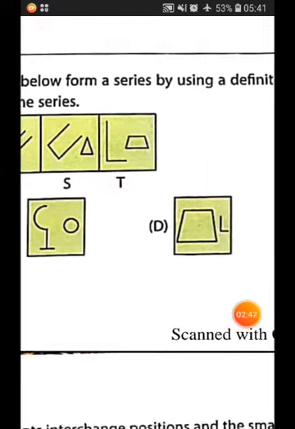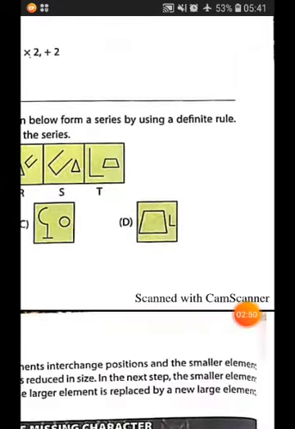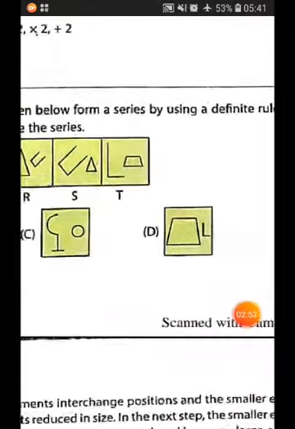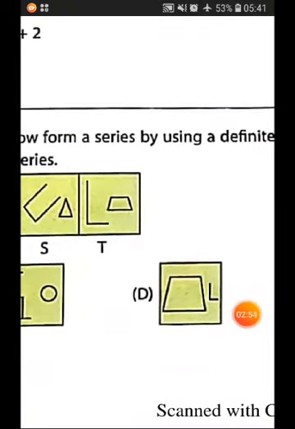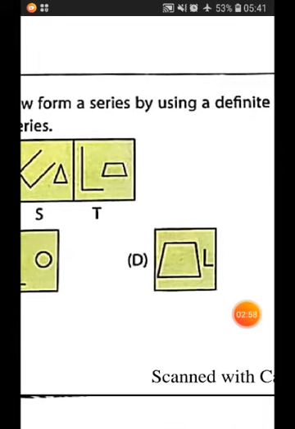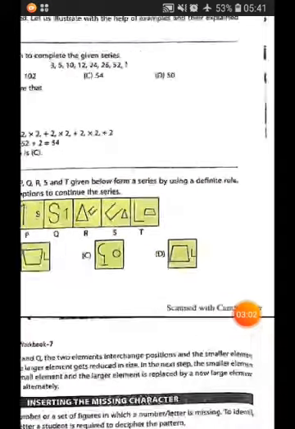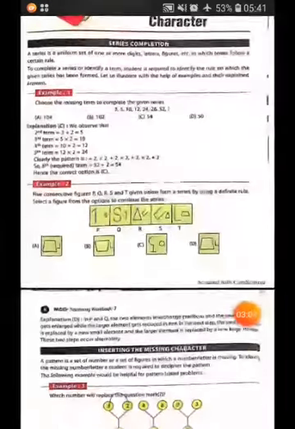So in the same way from T to the next one we can see that the L shaped element will be getting smaller and the trapezium shaped element will be getting enlarged. So the correct answer will be option number D.